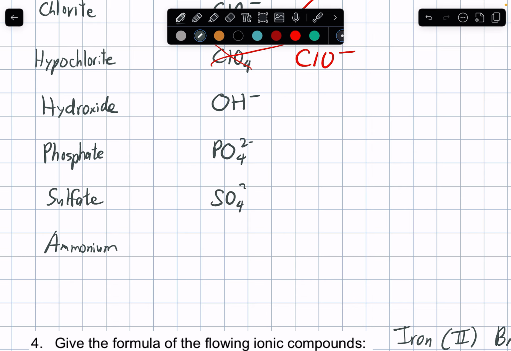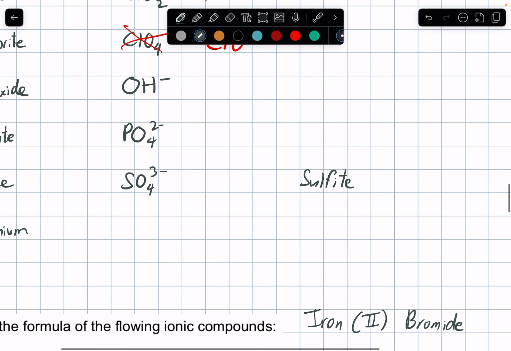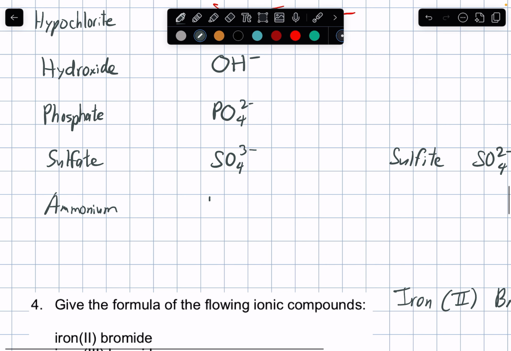Sulfate is, and then sulfite, SO2 minus 4. I'm not sure if what I'm writing is correct. Ammonium is NH3, is it? No. It's supposed to be NH4 plus. This I'll have to memorize.